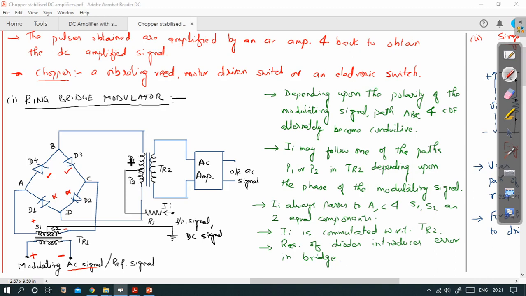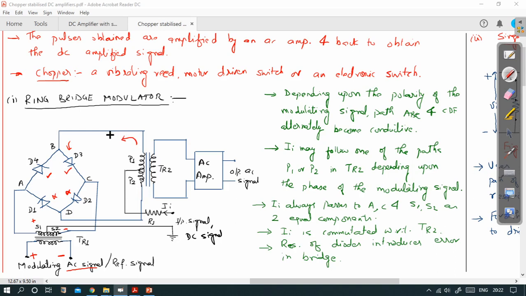It will follow either the first primary P1 or the second primary P2 of this transformer TR2, depending on the path that is available to it. Right now, since this path is available, the current will come here through this branch and go to the ground, and from the ground it will enter again like this.